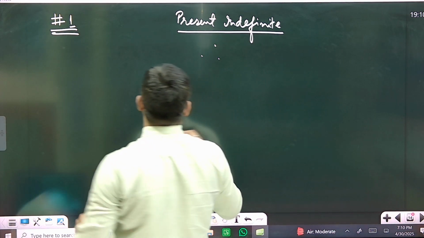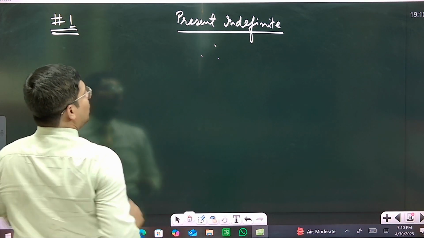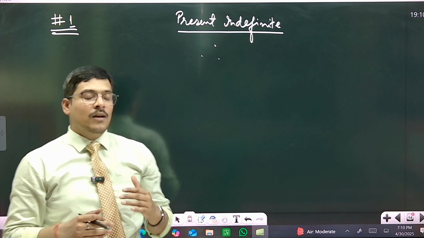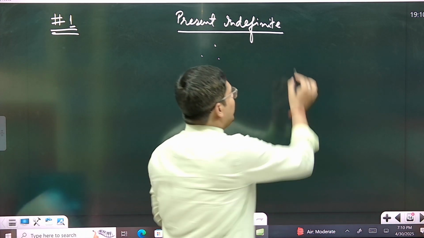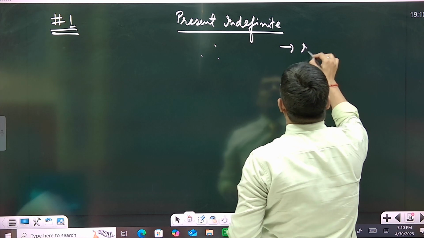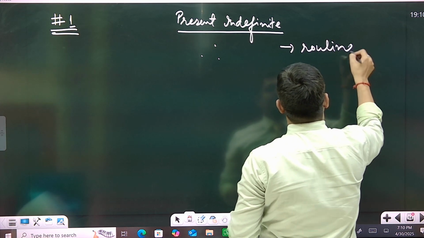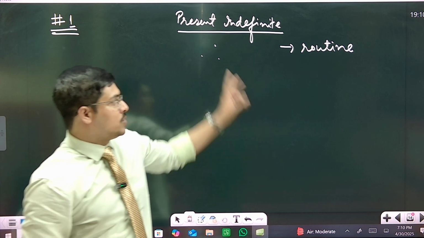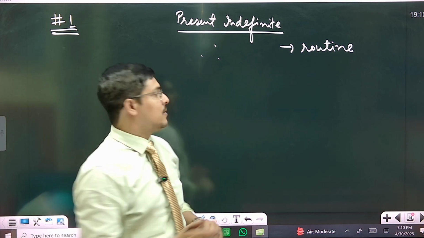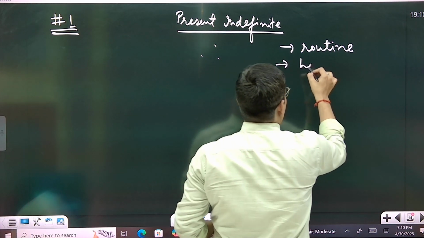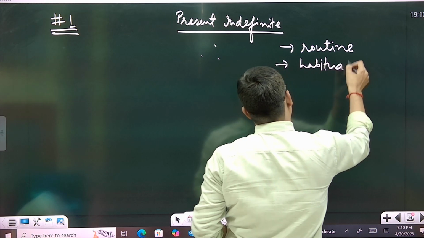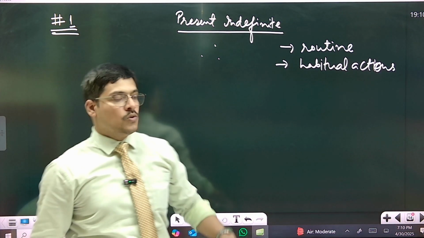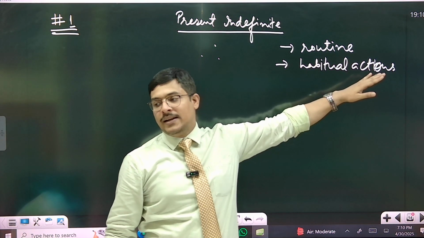See, without any further ado, in present indefinite tense, first of all, when do we use it? Whenever we have to speak about routine, something which is done on a regular basis, we use simple present or present indefinite tense. For habitual actions also we use present indefinite tense.